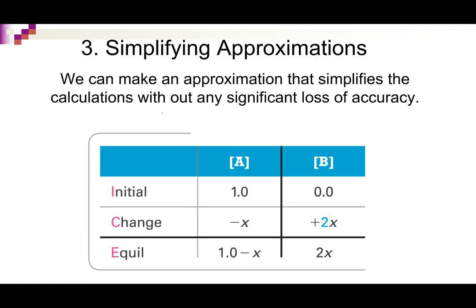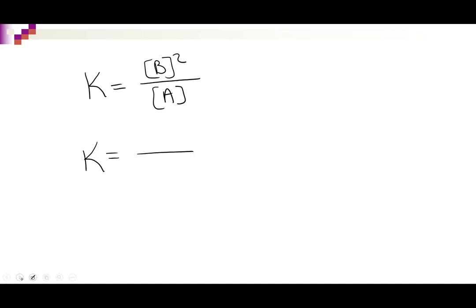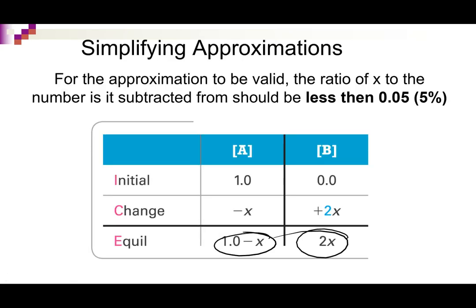Okay. So the k value for this problem, remember going back that this is A makes 2B. So k equals our products over our reactants. So k equals, and we'll plug in what we know from this table.